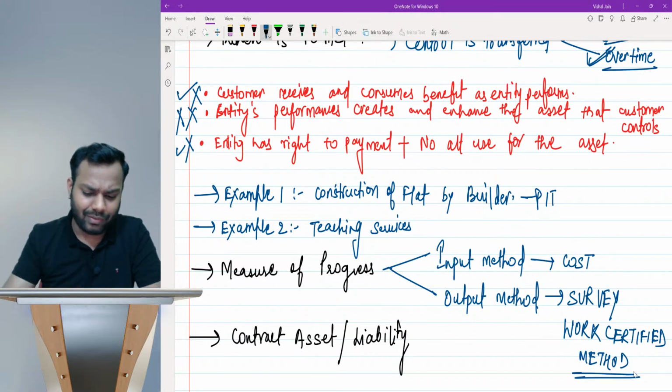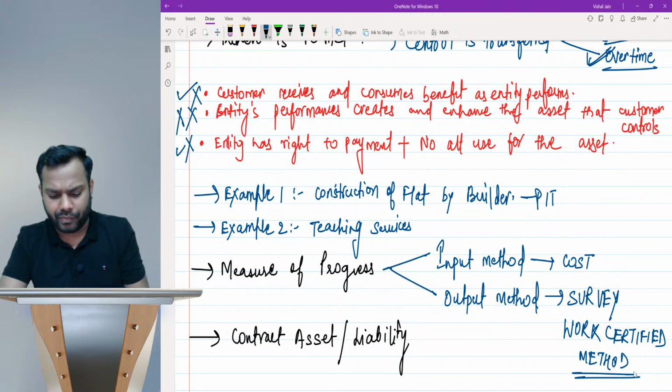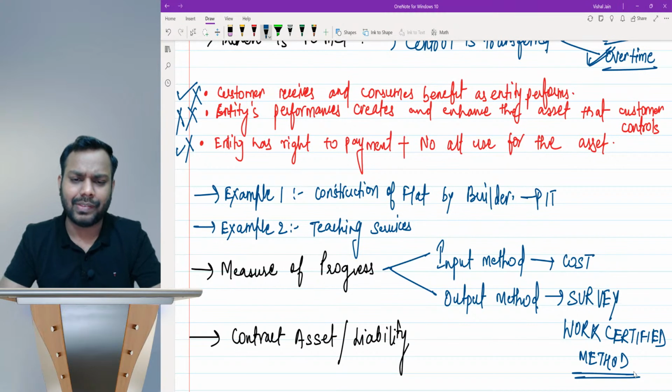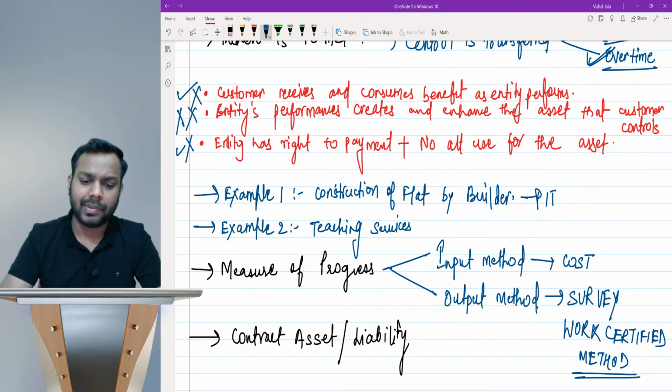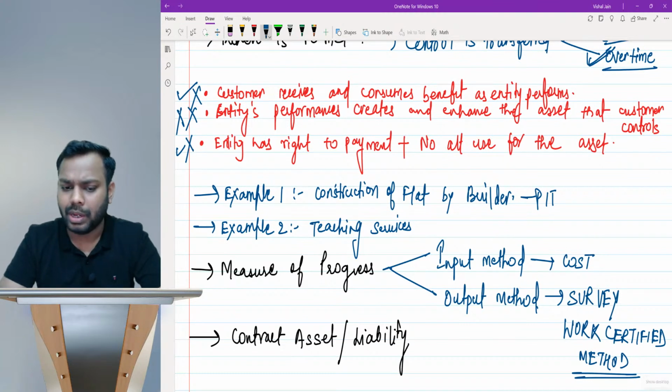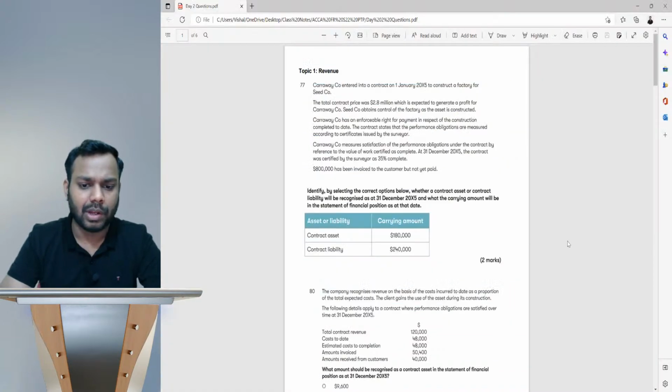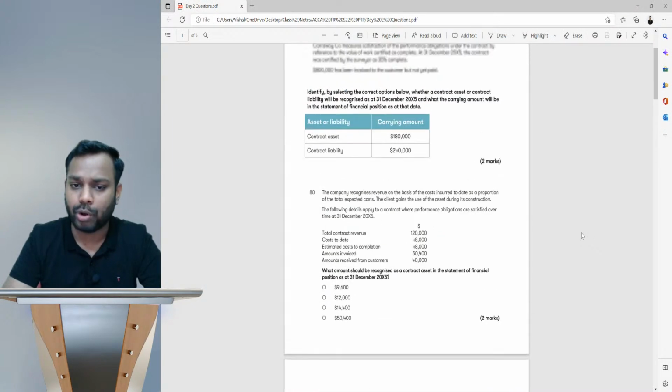Now there is one activity in your BPP workbook that is very important and very good, that you can solve. But since it was very lengthy, I am not taking that up in the class. Rather, I am taking up a small question on this topic so that I can convey the concept to you. There are questions number 77 and 78, both on the same lines.